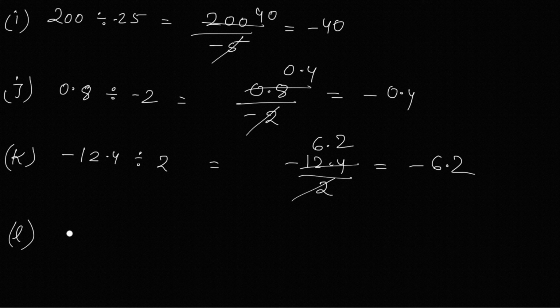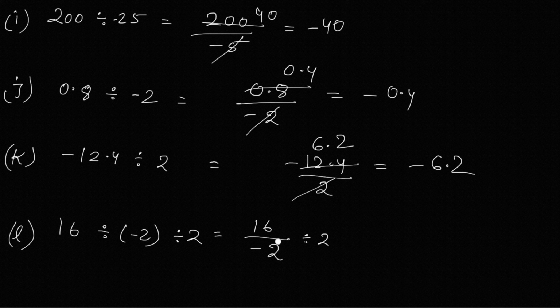Question number L. 16 divided by minus 2 divided by 2. So we will solve this first, that is 16 divided by minus 2, and let's write the rest as it is, divided by 2.